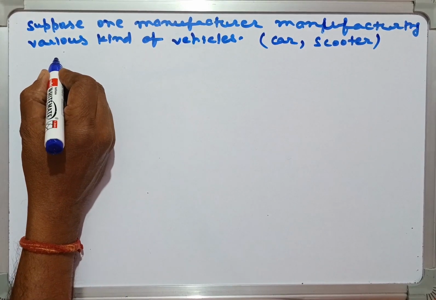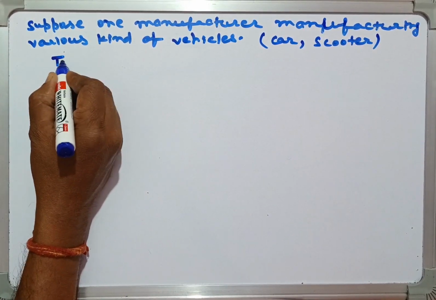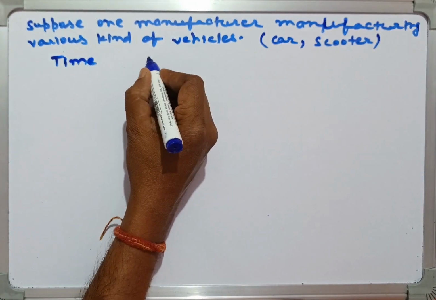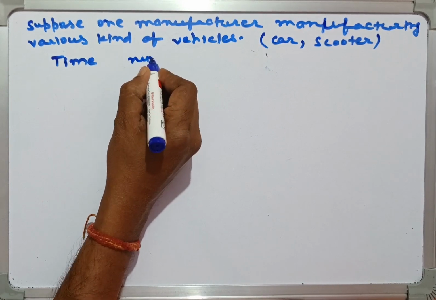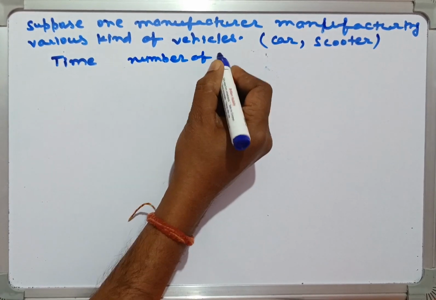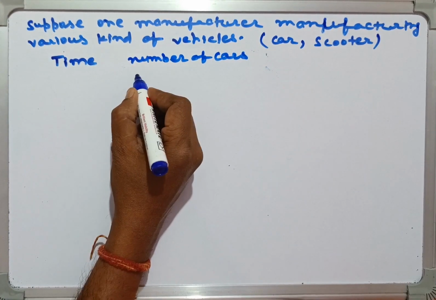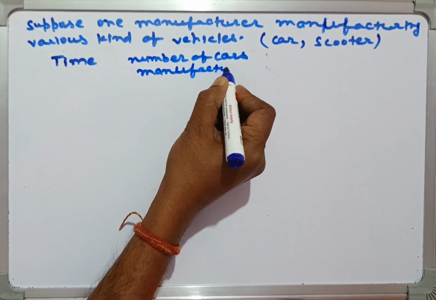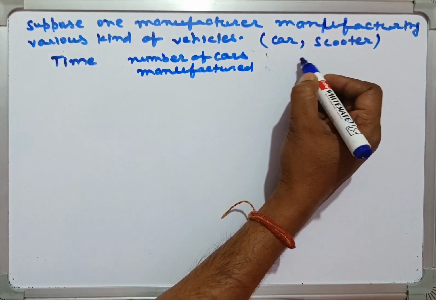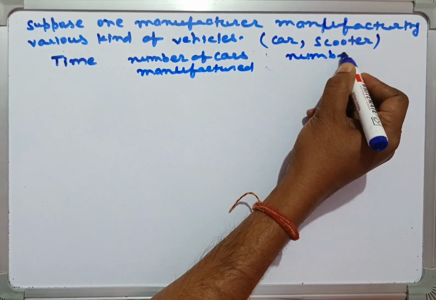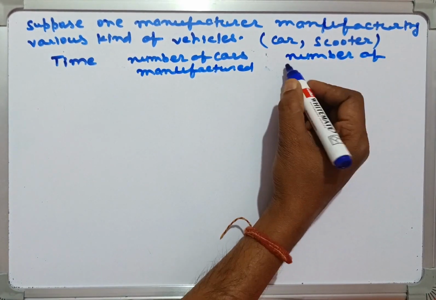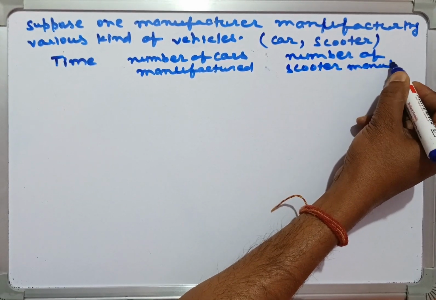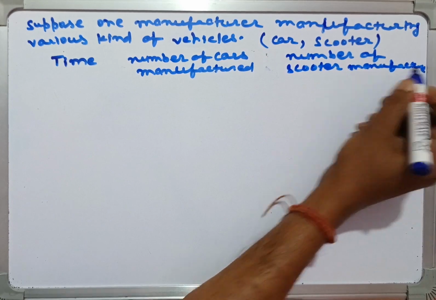Okay, so here suppose time, and then here guys, number of cars manufactured, here number of scooters manufactured.